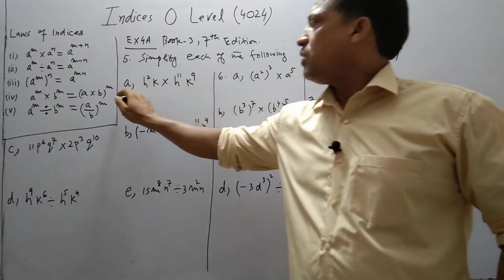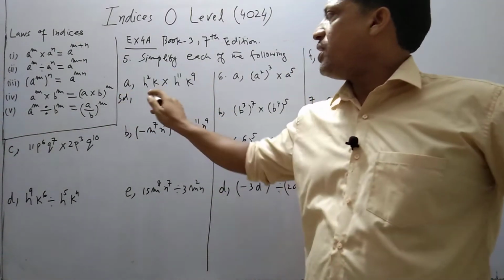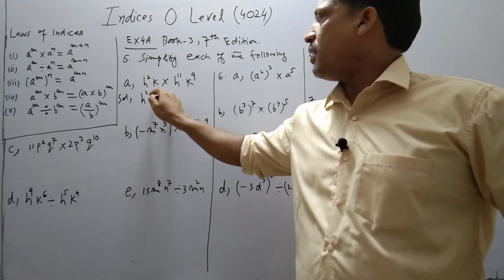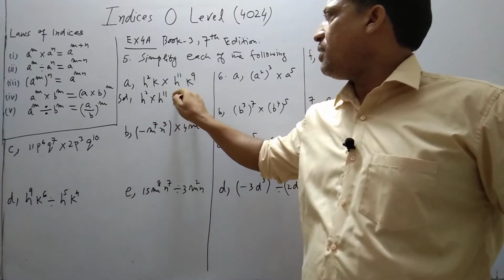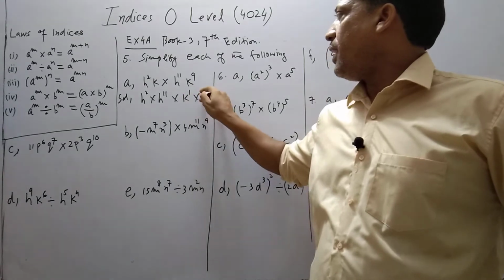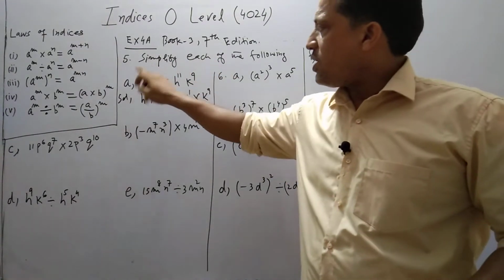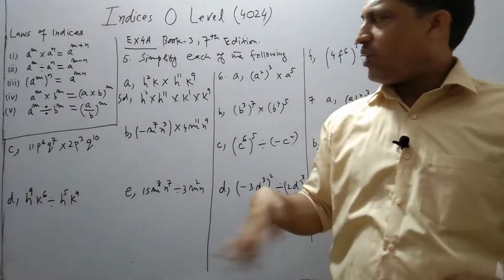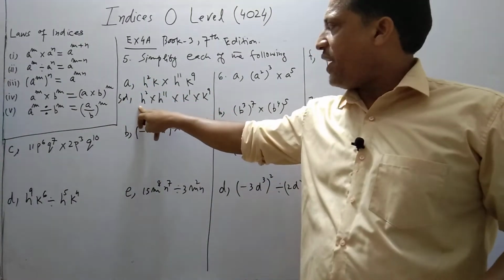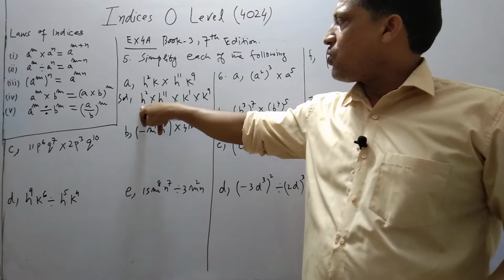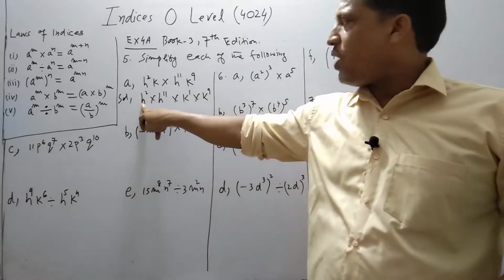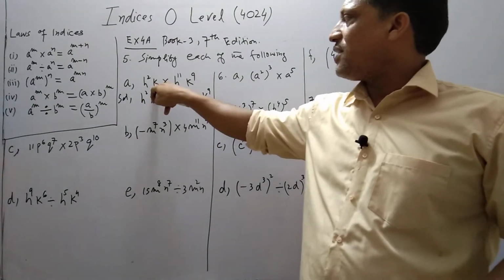First write h square into h11, k1 into k9. What we did, we just arranged the terms, like terms on a side. This is h square, so write h11 with h square. This is multiply sign, this is k.